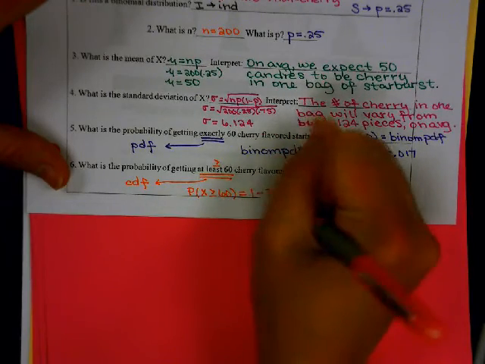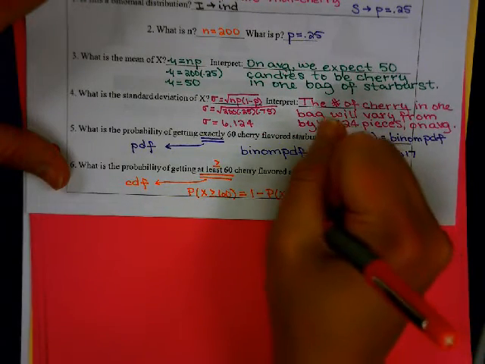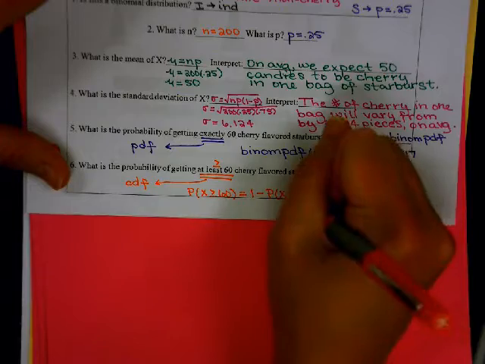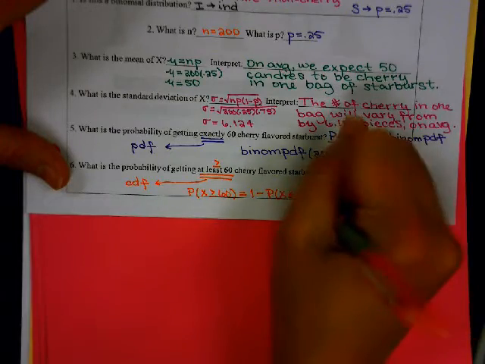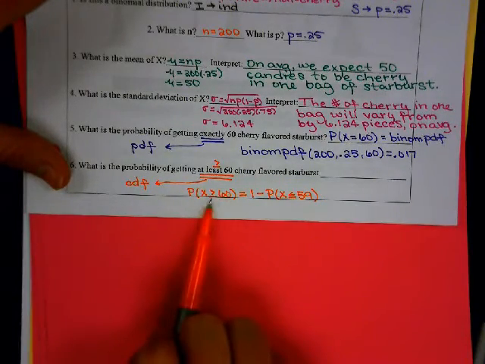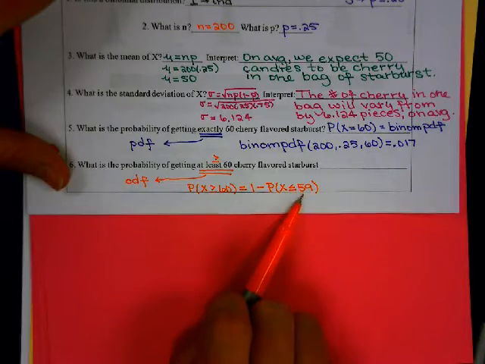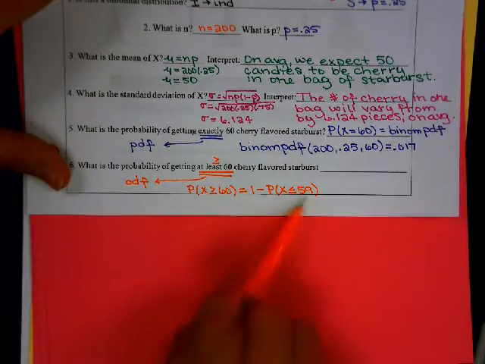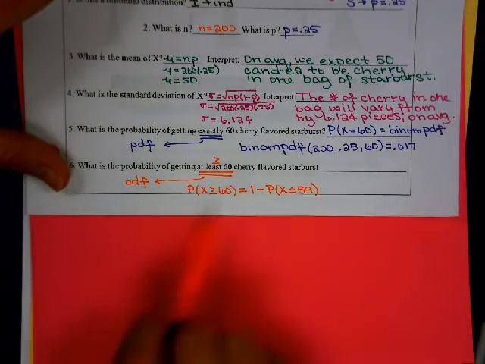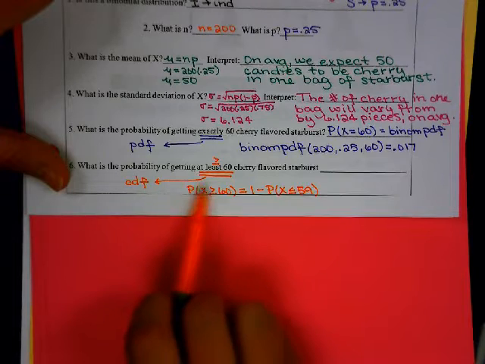Notice it's equal to 60, so I had to drop down a number here. That is the biggest thing on this unit test that messes kids up. They remember that they have to subtract from 1, but they forget to drop down a number. If this is equal to 60, I can't use 60 here.